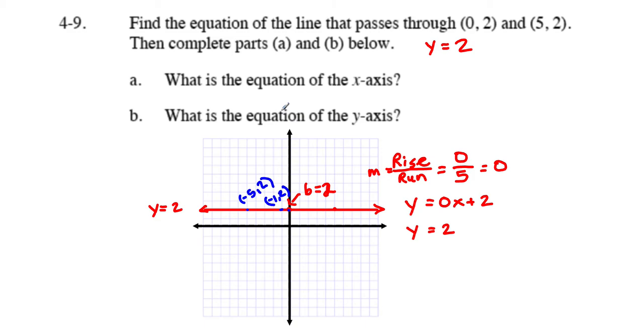Now, this is asking us, what is the equation of the x-axis? As we look at the x-axis here, what do all of these points have in common? Here we've got the most obvious point, which is the point (0, 0).